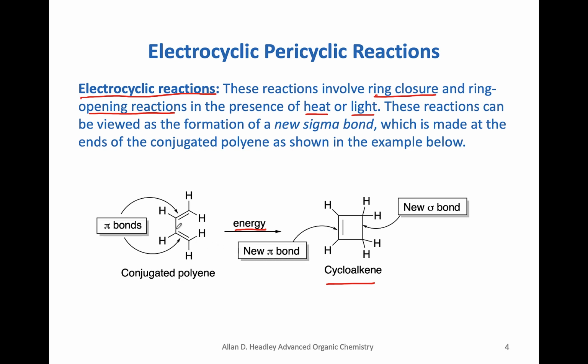But what it appears happened here is that these electrons here form a sigma bond, and these electrons here form a pi bond or double bond back here. So it's a complete transformation of bonds. So here are the pi bonds again, and here is the new sigma bond and a new pi bond.